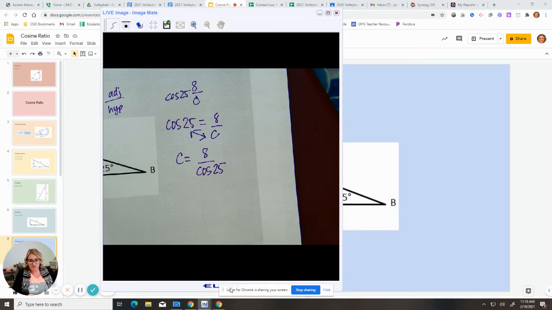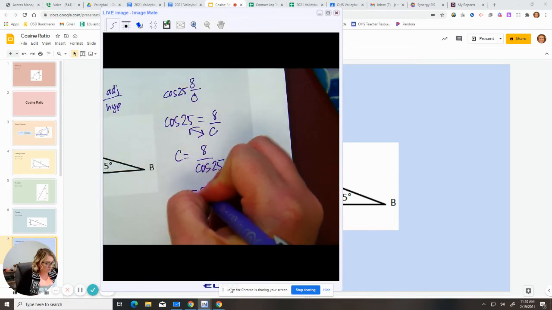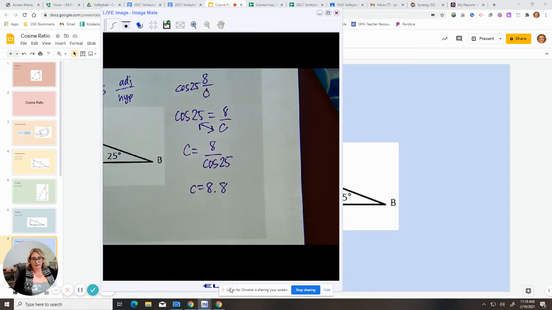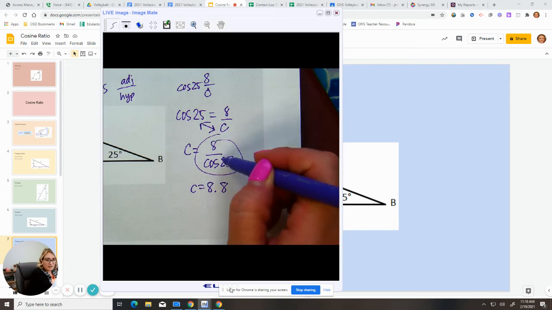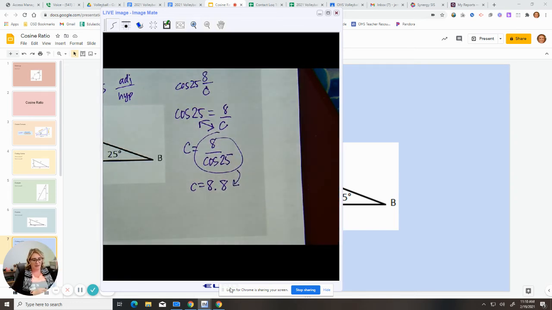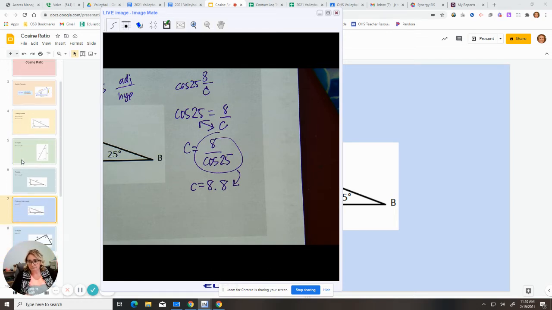So now we're just going to plug that in, and you should get that C is equal to 8.8. Again, I highly recommend that you're plugging these things in with me to make sure you're getting the same answers as I am, so that you know that your calculator is working correctly.